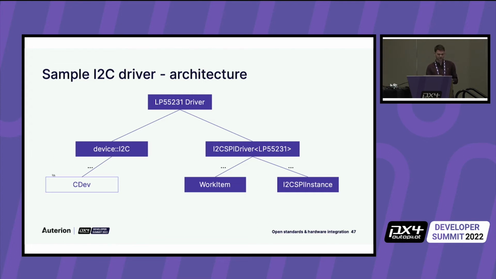Also, there's the option to implement a character device interface. So you can make your driver appear as a character device in NuttX, so that you have /dev, and then you have your device node there. Let's say if you have a display over I2C, you could make it such that when you do echo hello world piped to /dev/mydevice, it would pop up on the display. Right? That was more used in the past.